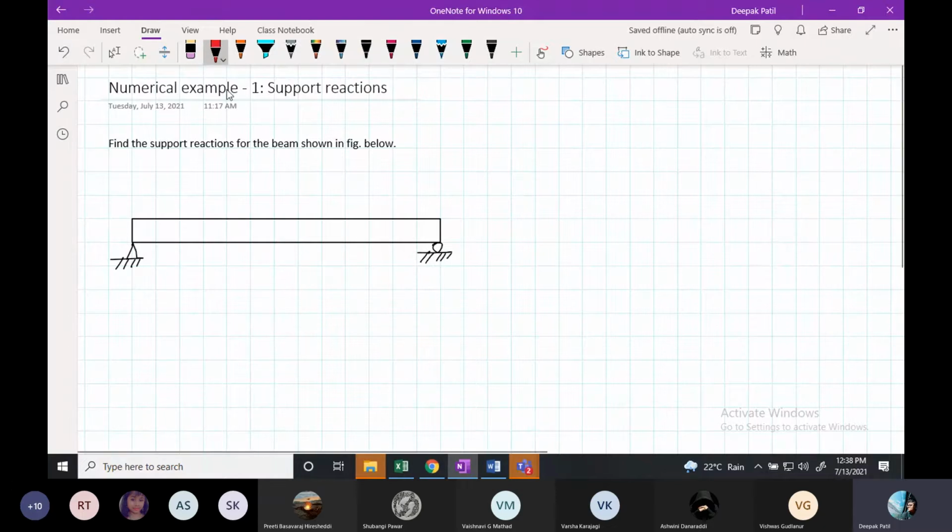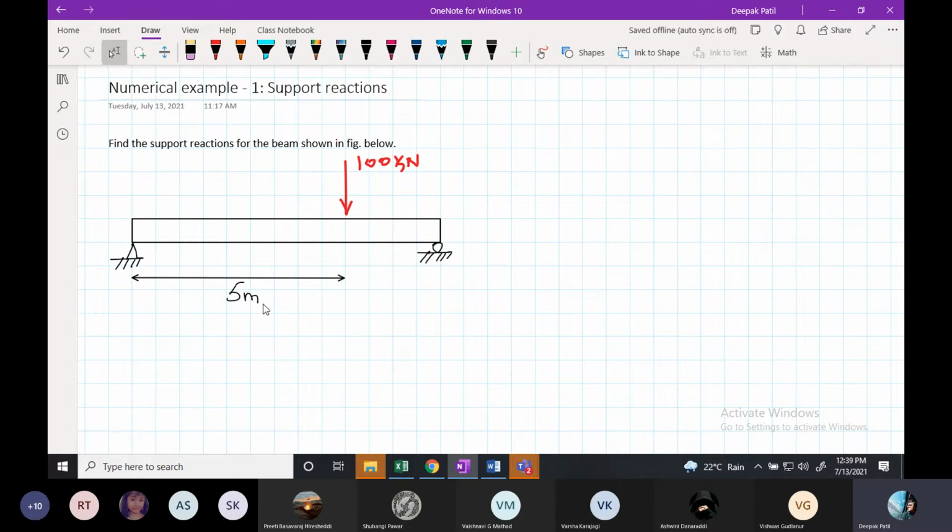Let this beam be subjected to a point load, somewhere here. Let the magnitude of the point load be 100 kilonewtons. Let this distance be 5 meters, and let this distance be 3 meters.